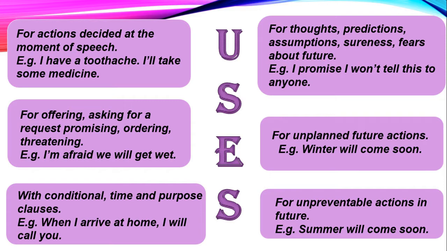So it is an unpreventable action. So we are using simple future tense in different situations, especially in 6 cases we are using the same tense. And I hope you have no doubts regarding the uses of simple future tense.